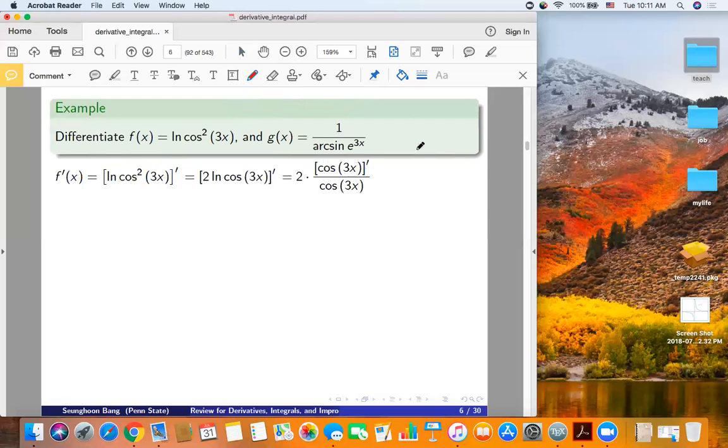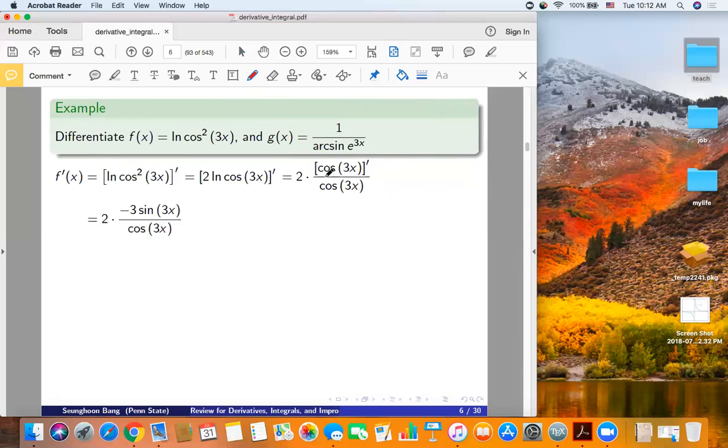We can use this idea: 2 times cosine 3x prime over cosine 3x. Why is this true? Because ln of g of x, prime, is exactly g prime of x over g of x.